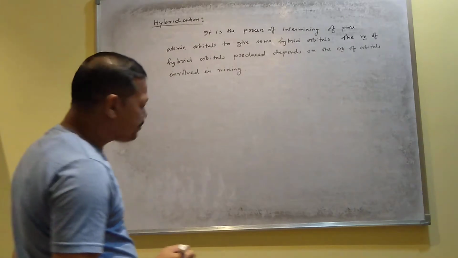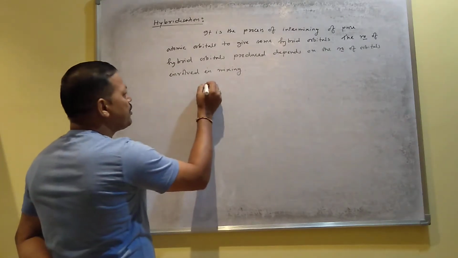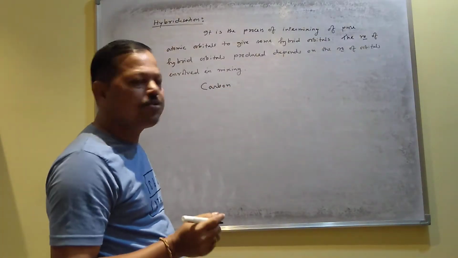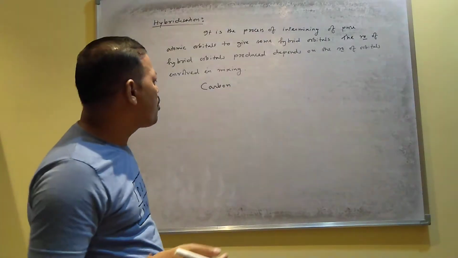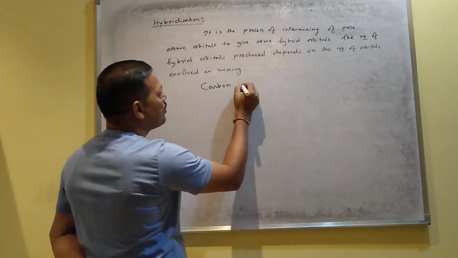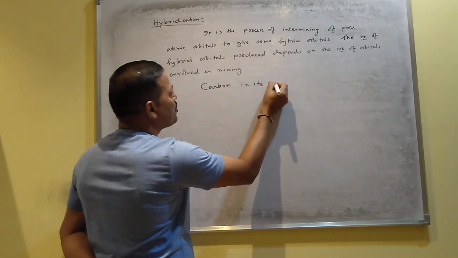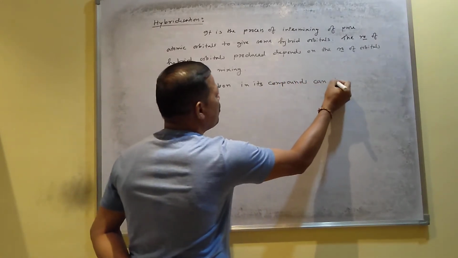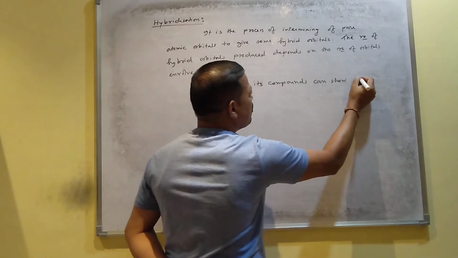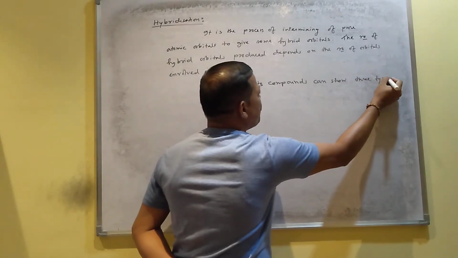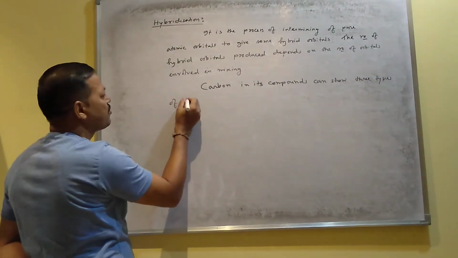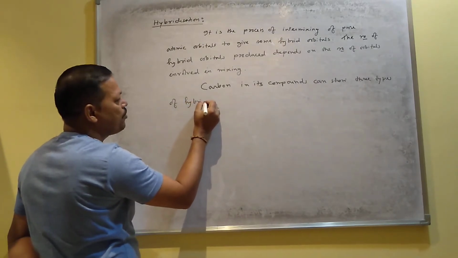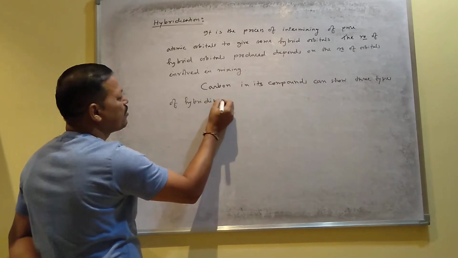Now, carbon. Mainly in class 11 only carbon compounds are required. That's why we'll do carbon compounds mainly. Carbon in its compounds can show 3 types of hybridization.